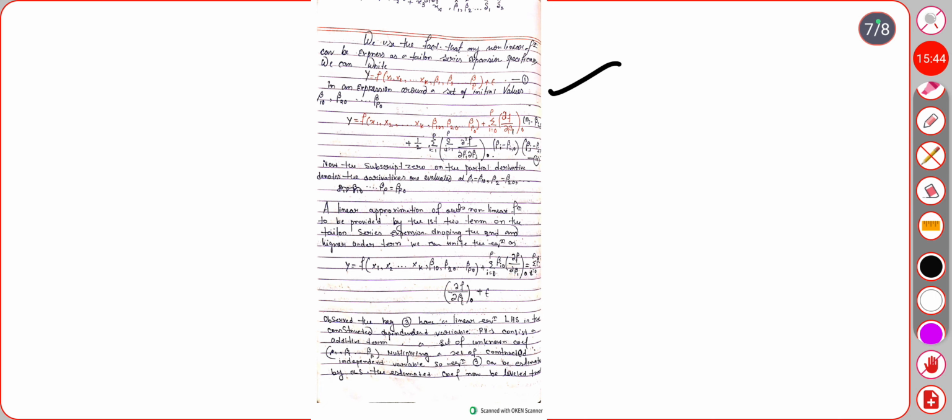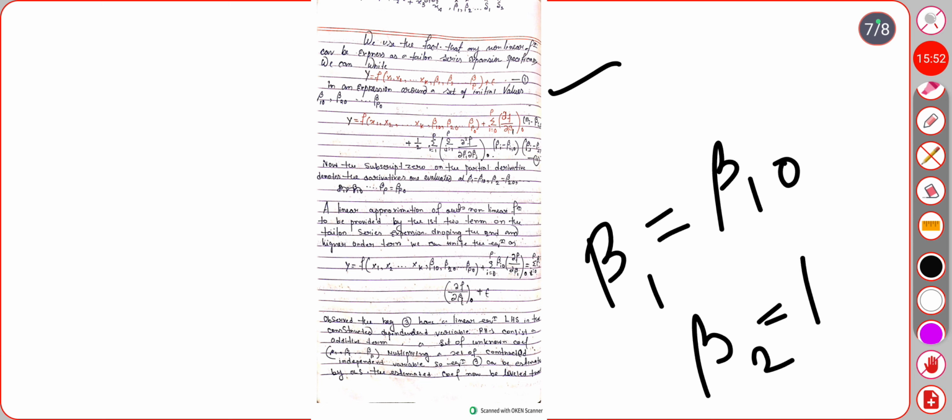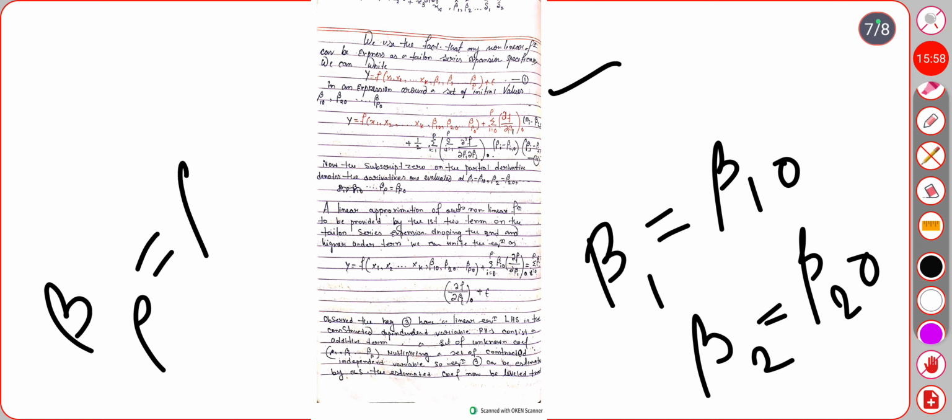So here we can write beta 1 equal to beta 1 naught, beta 2 equal to beta 2 naught, up to beta rho equal to beta rho naught in this way.